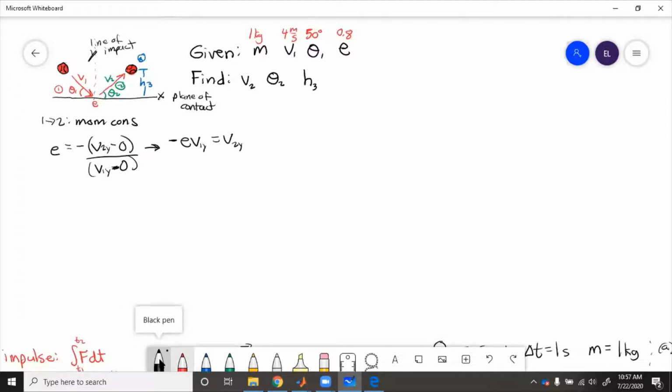And now if we put numbers into there, negative 0.8 times v1y, which is v1 sine theta 1, but it's negative because it's going down. So that's going to be 0.8 times 4 sine of 50 degrees, which equals 2.45 meters per second equals v2y.